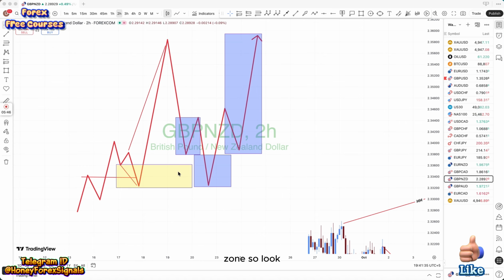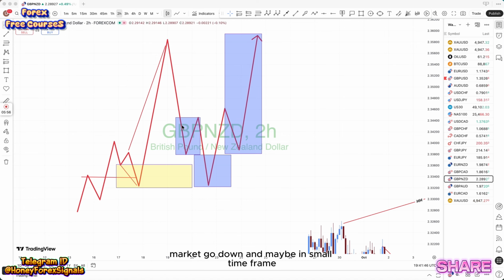So look. This is a major QM demand area with SNR, SND. The market goes down, and maybe in a small time frame the supply breaks out. But why don't we take entry from this point? Because on the left side there is no supply or demand, no order block area.